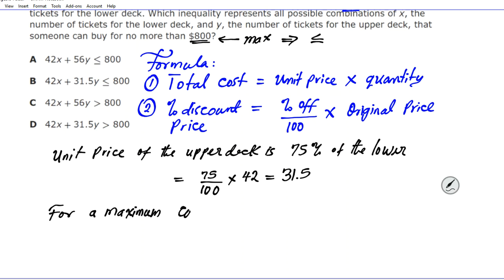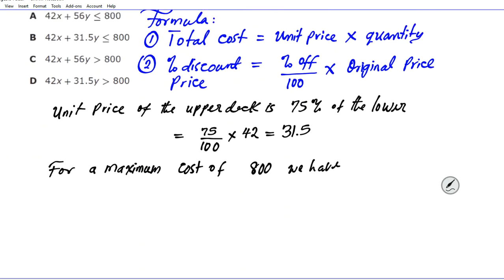All right, so for a maximum cost of $800, we have the following setup. We should ensure that the cost of upper and lower should be less than or equal to 800. Okay, so how many lower seat tickets are we buying? We're buying X, right?